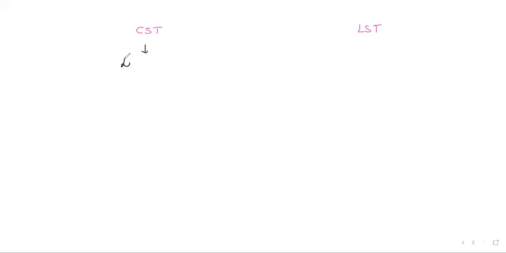But CST is your linear element, and LST is again a two-dimensional element but a non-linear element. This is the first difference.